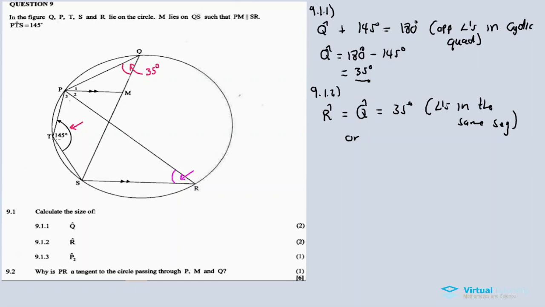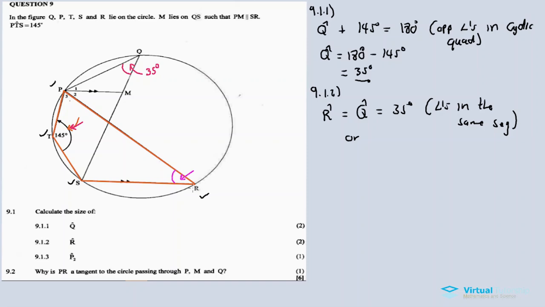Both the 145 degrees and angle R are inside a cyclic quad again. P, T, S, and R all touch the circumference of the circle, so it's a cyclic quad.